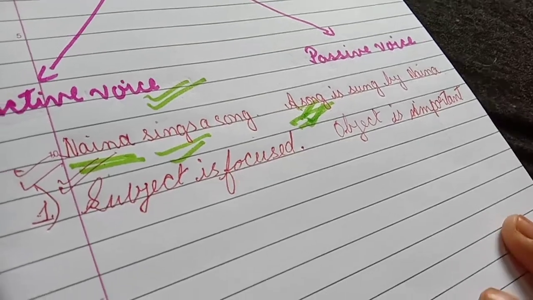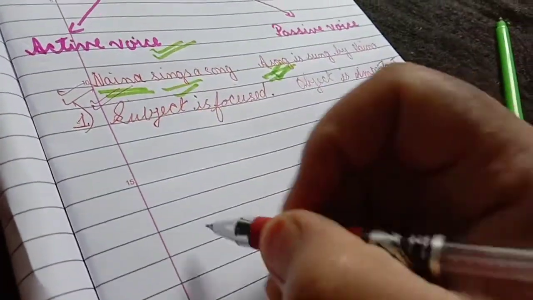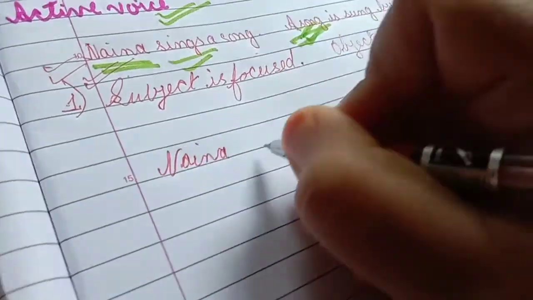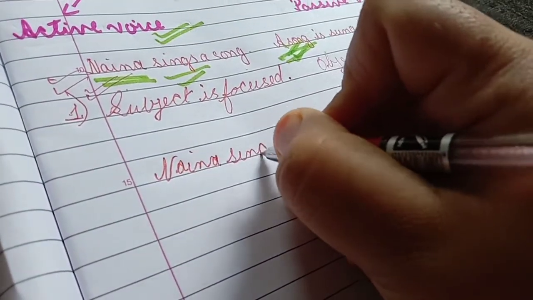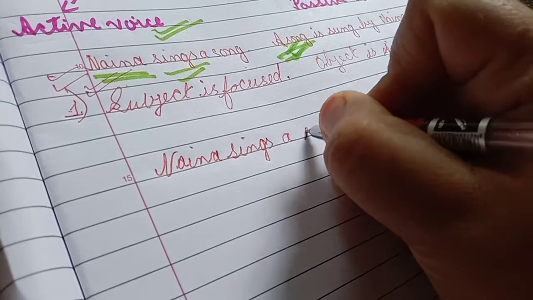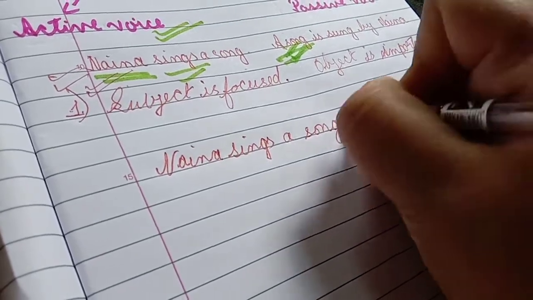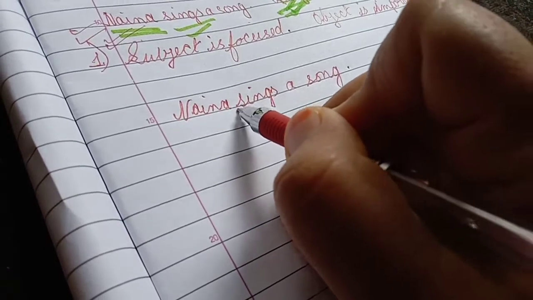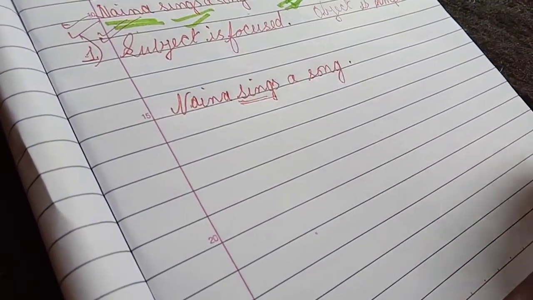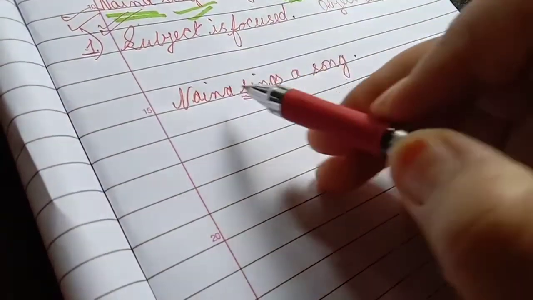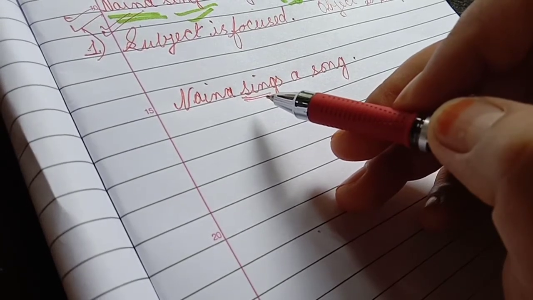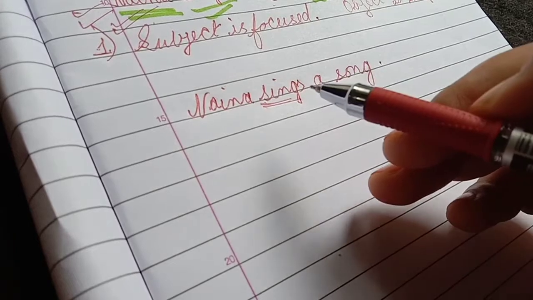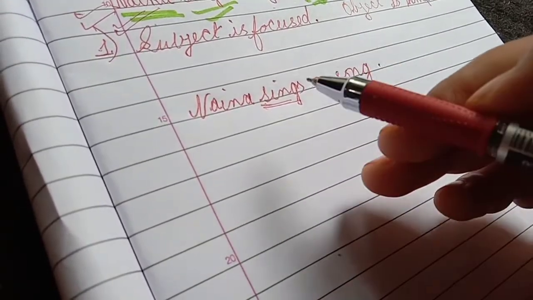Now you see here in this sentence, I'll write again: Nena sings a song. So this is an active voice. Now if we just have a look at the verb, in which form of verb is this?